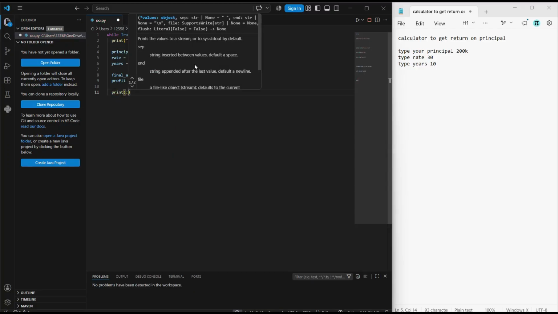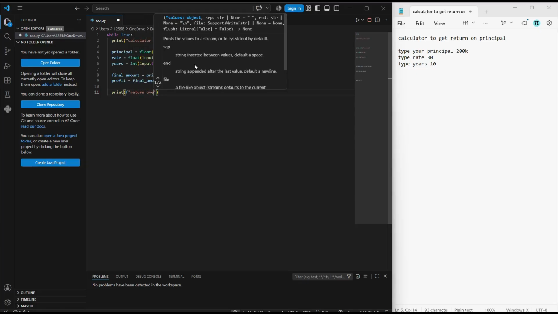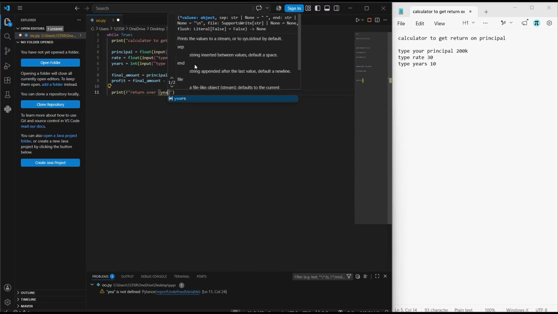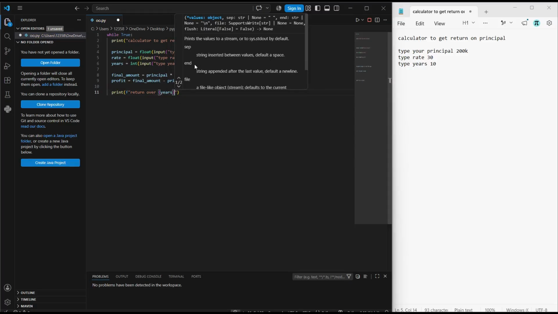And then print f"Return over {years} years," comma, to differentiate the line.